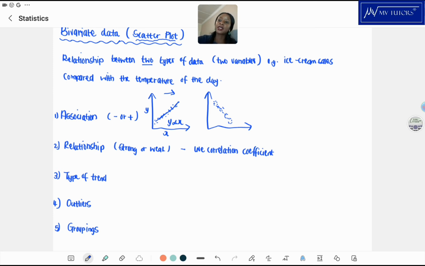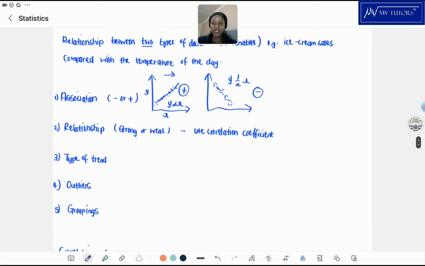But here we would say that y is inversely proportional to x, because as x decreases, y would increase, or when y decreases, x would increase. So this would be a positive association, and that would be a negative association.